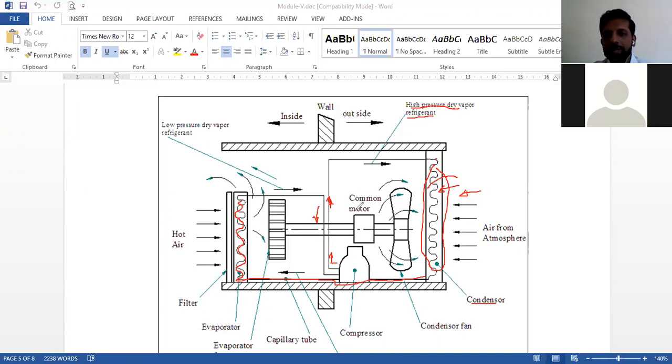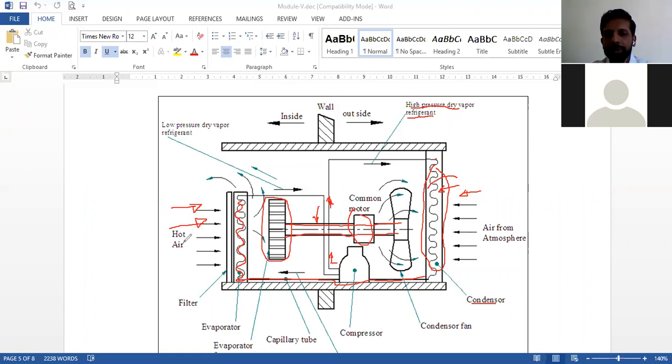But apart from this, there is a common motor attached to a shaft extended on both ends, where the first thing is that this end of the fan has to draw the air from the room, whatever air is present inside the system.